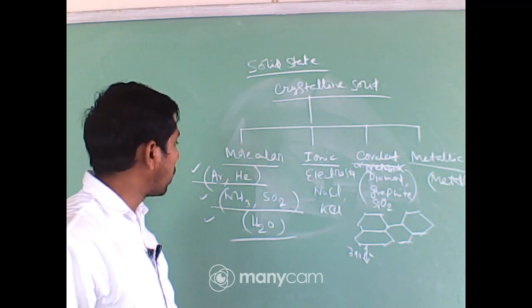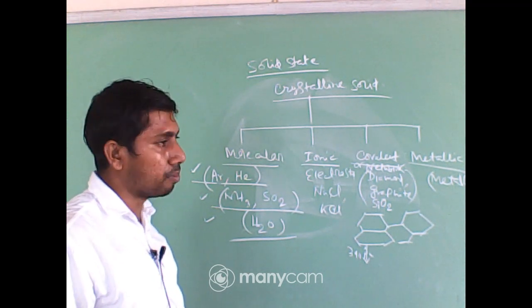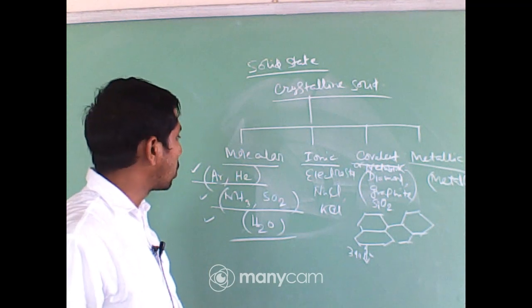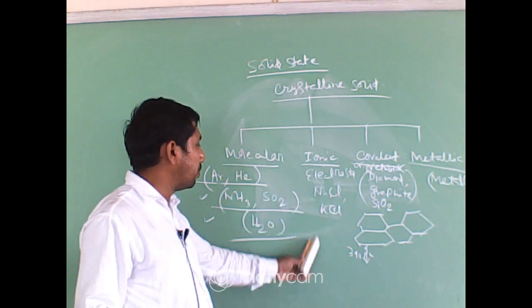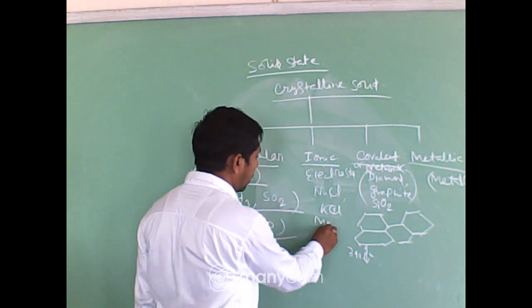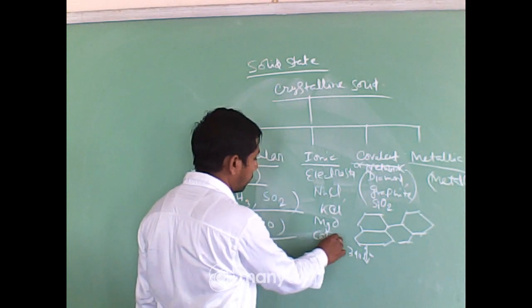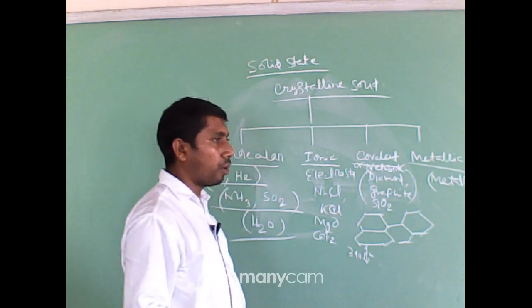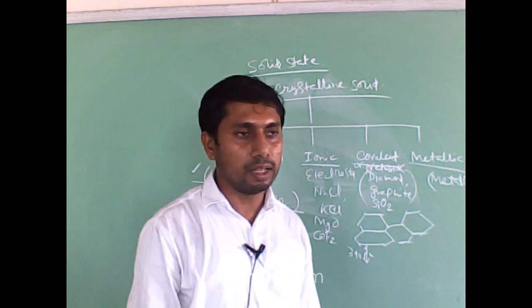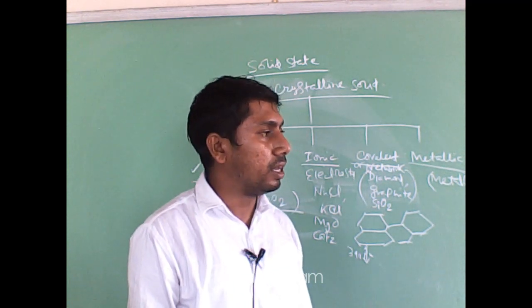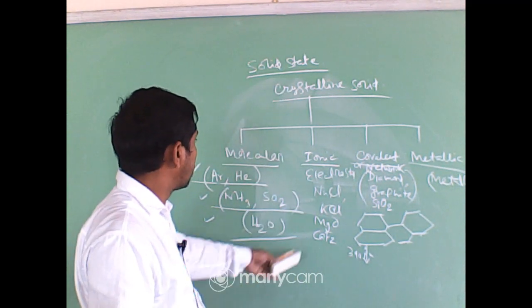Very important: here you have to remember it by the name, which one is a network solid, but we should not just memorize, because in the case of NaCl, KCl, magnesium oxide, calcium fluoride, if we follow the bonding pattern, they are under the ionic solid.